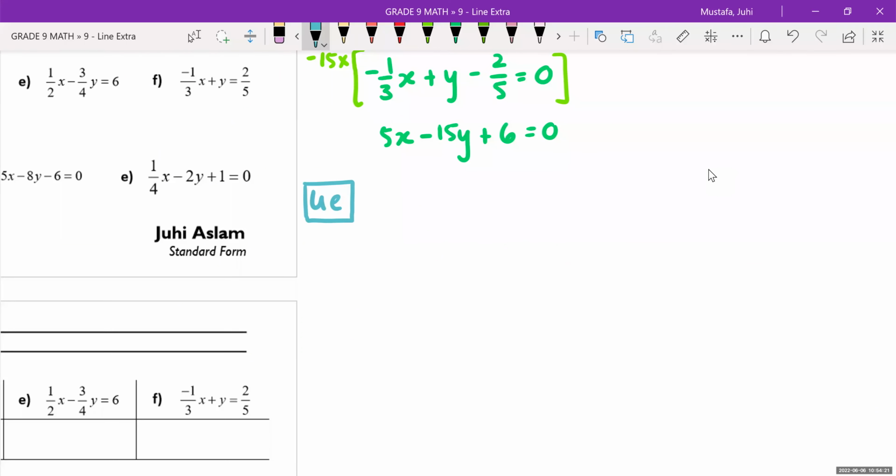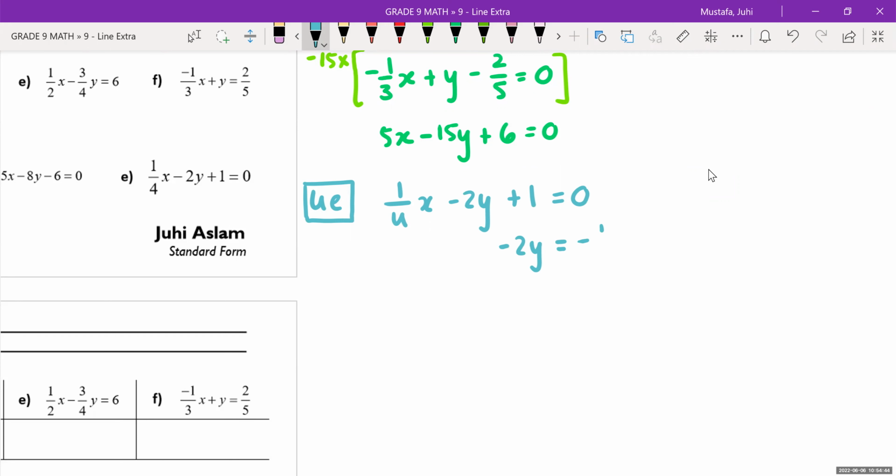Okay, so we have 1 over 4x minus 2y plus 1 is equal to 0. So remember, for slope-intercept form, you want the y to be on one side, and you want to throw everything else over to the other side. So we're going to have negative 2y on the left-hand side. I'm going to move 1 over 4x to the other side.